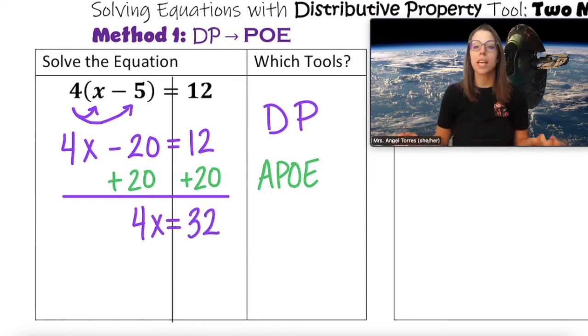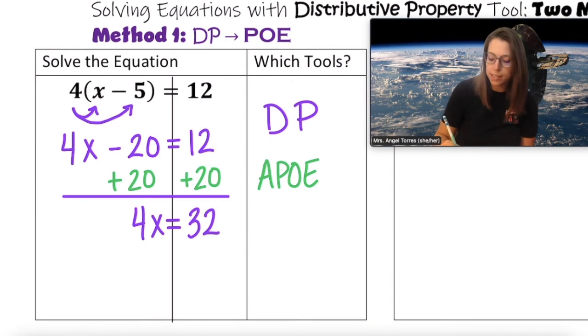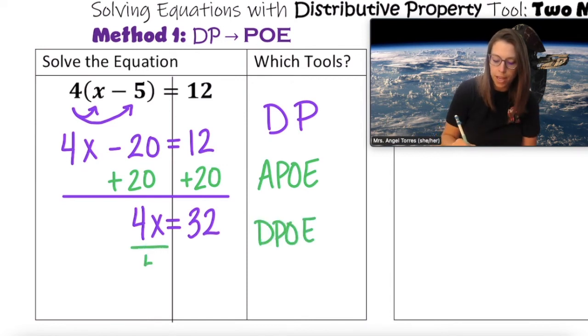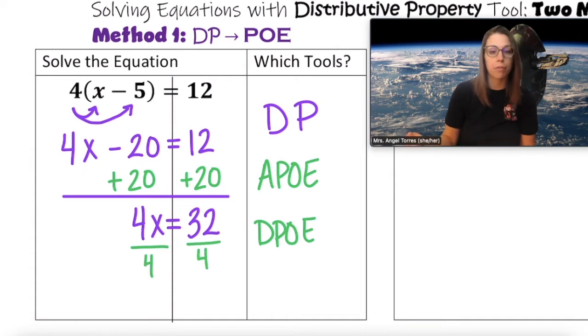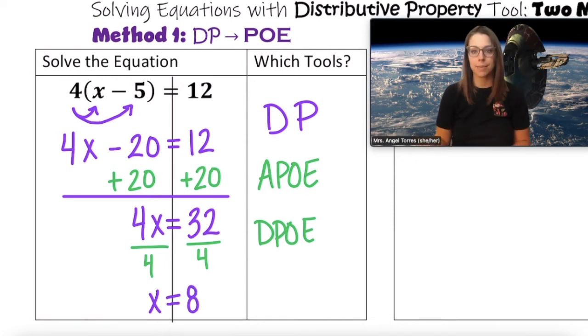And from here, to get 4 x's down to 1x, I would apply division property of equality, or DPO, and divide both sides by 4. 4x divided by 4 is 1x, and 32 divided by 4 is 8. Now, normally we would check at this point, but instead of checking, we're actually going to solve this equation again using a different order of steps.